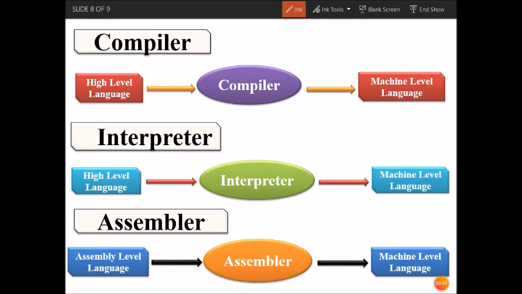Now you can see here what we have learned today in this video in short. Compiler converts high level language into machine level language.